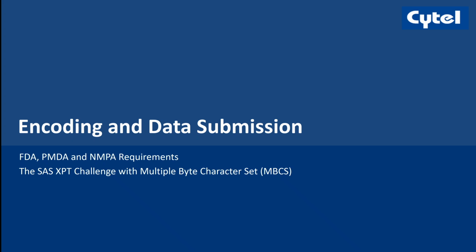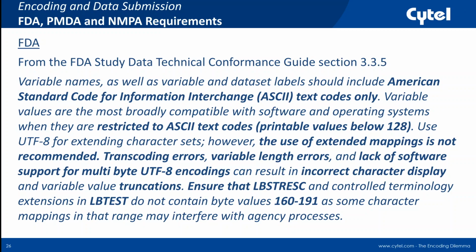I want now to quickly touch on the topic of encoding and data submission, and more in general the requirements for special characters when datasets are submitted to health authorities such as the FDA. If we take, for example, the FDA Study Data Technical Conformance Guide, the agency defines some rules with regard to characters to be used when naming and labeling datasets and variables, but also dataset contents, where they recommend restricting the use of standard ASCII printable values below 128.